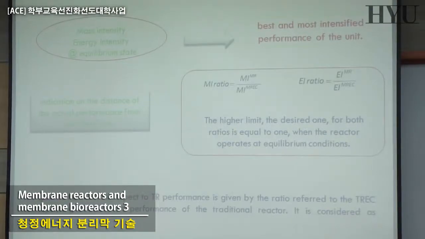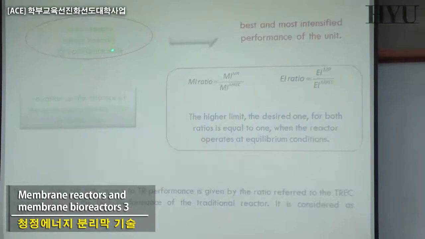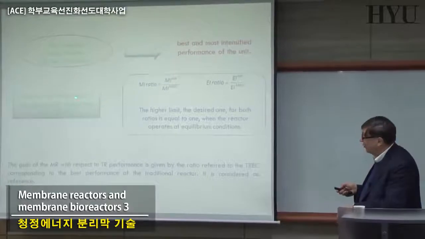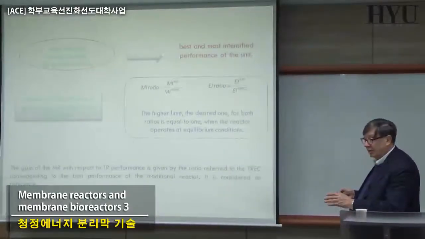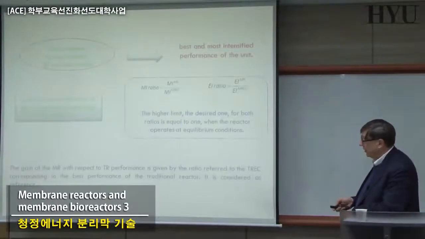Again, as I mentioned before, in the equilibrium state you can try to understand how the system works by making a comparison of the mass intensity in membrane reactors and the traditional one, and this ratio is the one that we normally like to verify.